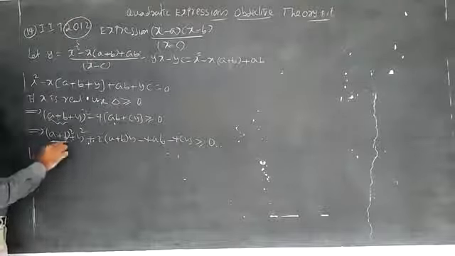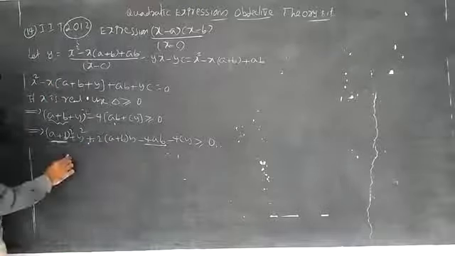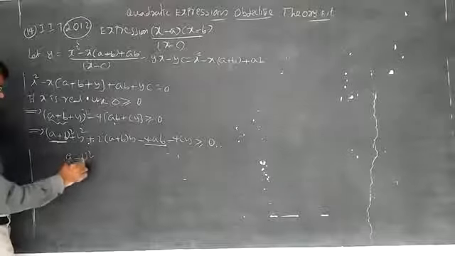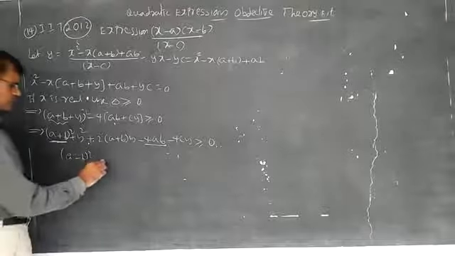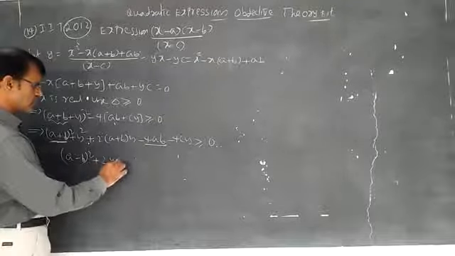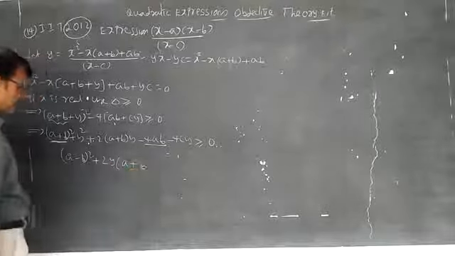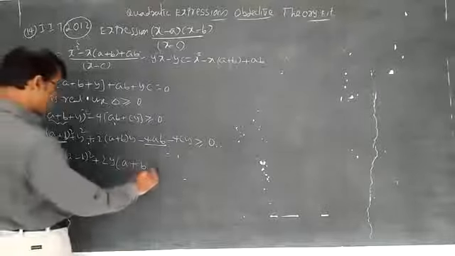Now write this one minus this one. (a plus b) whole square minus 4ab becomes (a minus b) whole square. Then 2y we can take out, it becomes (a plus b minus 2c).